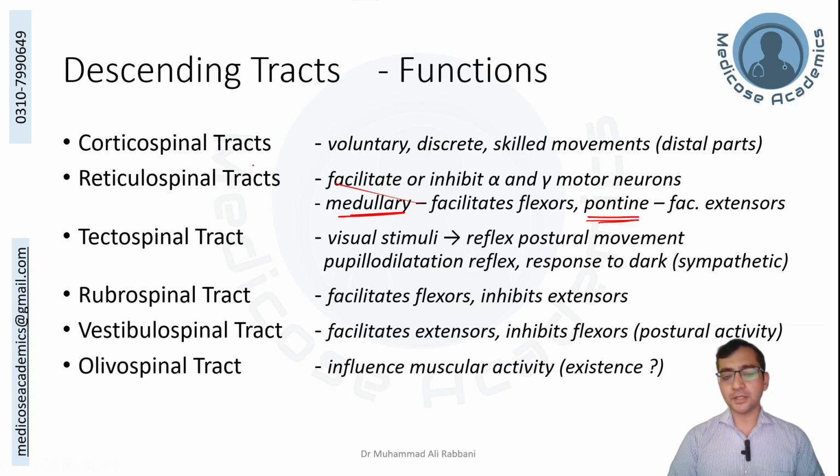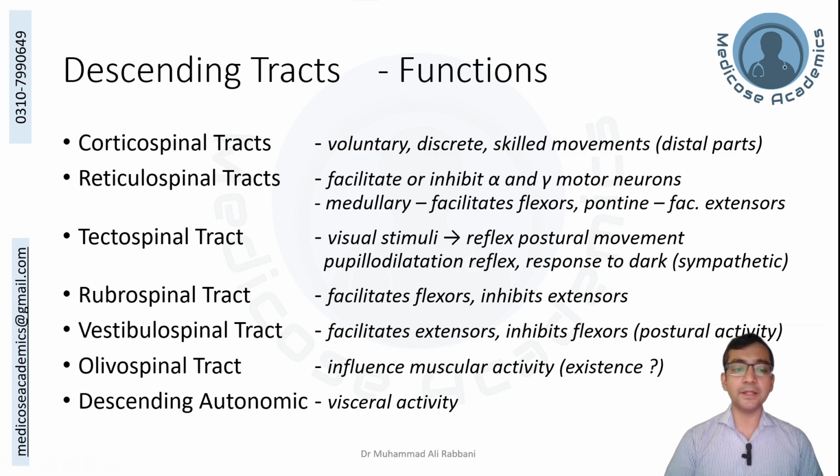Olivospinal, there is not very much consensus about the presence of this tract, and it influences the muscular activity somehow. And then there are descending autonomic fibers that will influence the sympathetic and parasympathetic system.